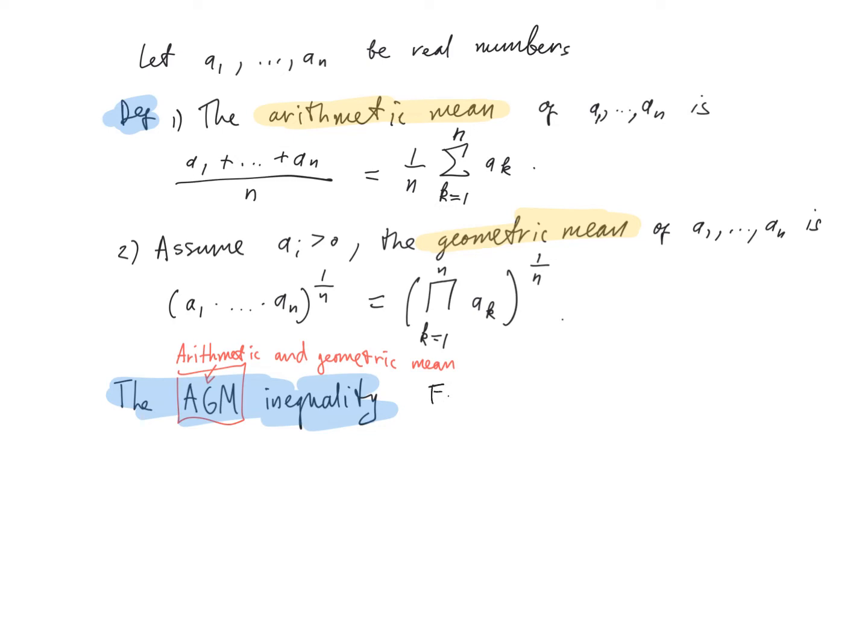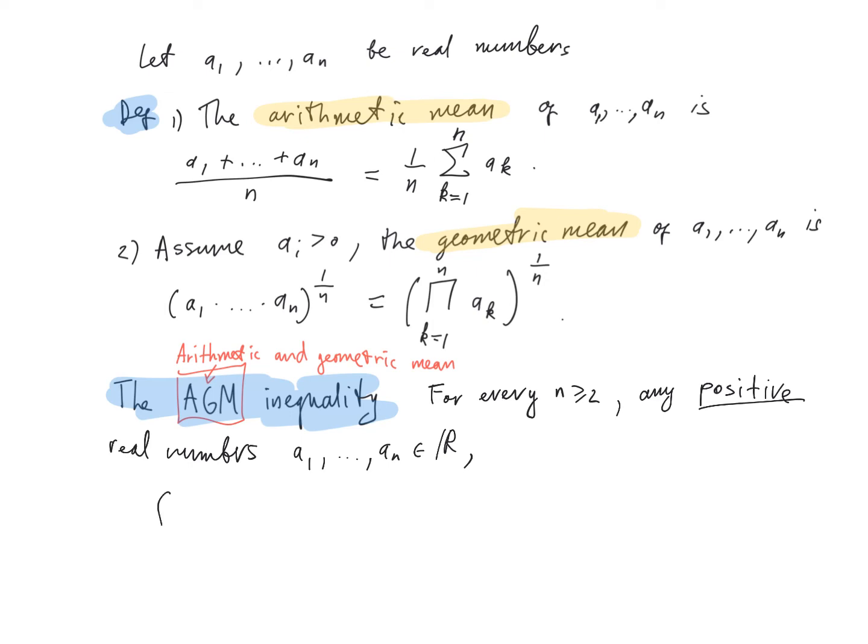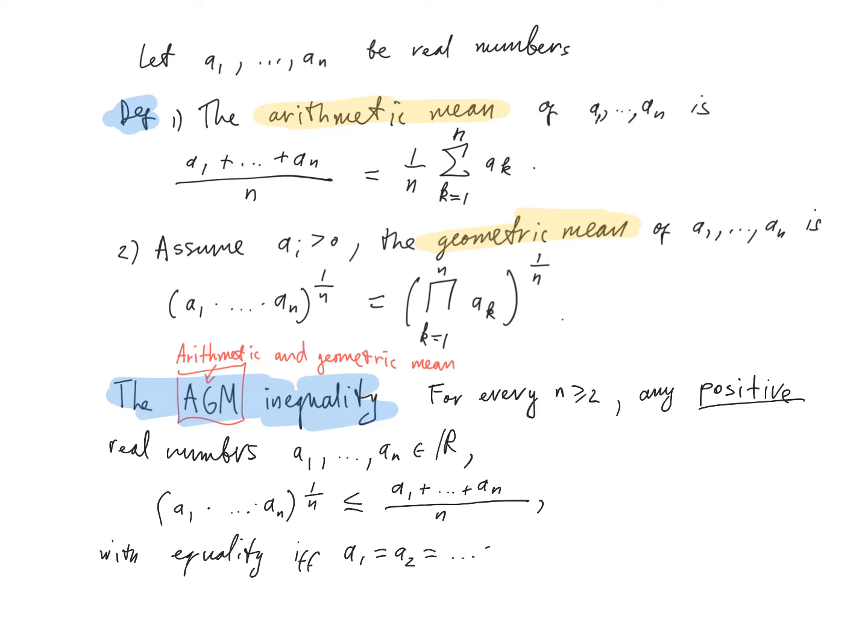The AGM inequality states that for every natural number n greater or equal than 2 and any positive real numbers a1 through an, we have that the geometric mean, a1 times a2 etc. times an taken to the power 1 over n, is less or equal than the arithmetic mean, so a1 plus a2 etc. plus an divided by n, where the equality holds if and only if we have that a1 is equal to a2 is equal to an.